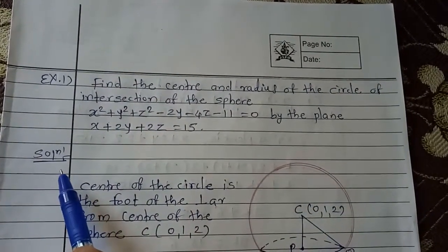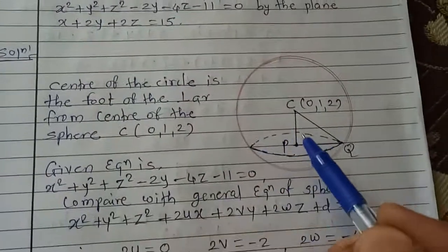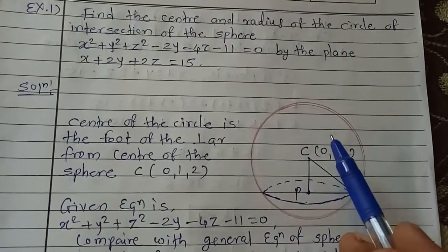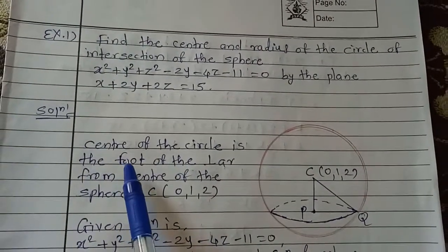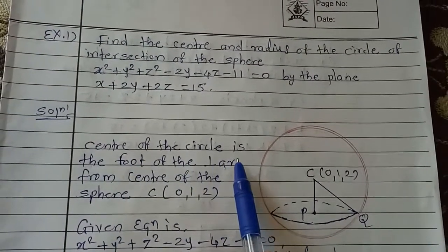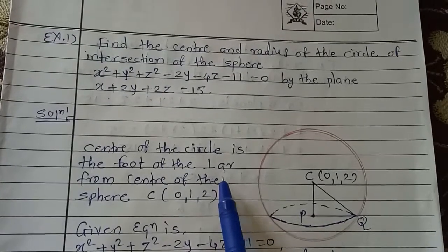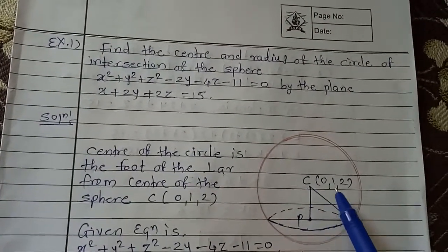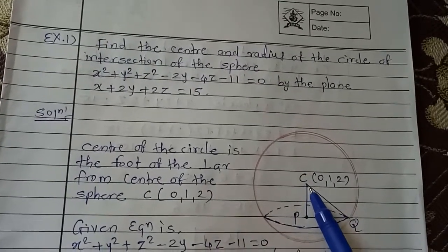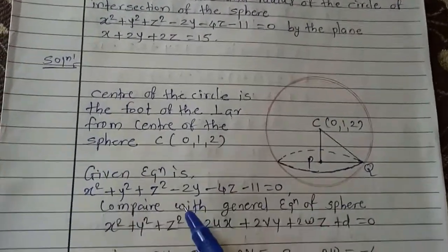In the solution, the center of the circle is the foot of the perpendicular from the center of the sphere. So we can find the coordinates of the center of the sphere by the general equation.